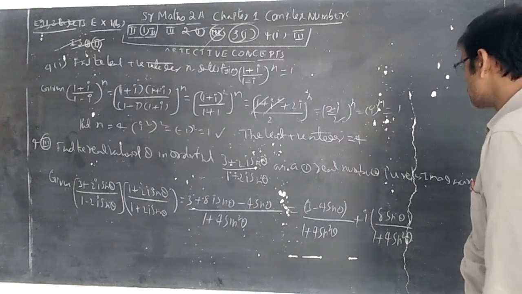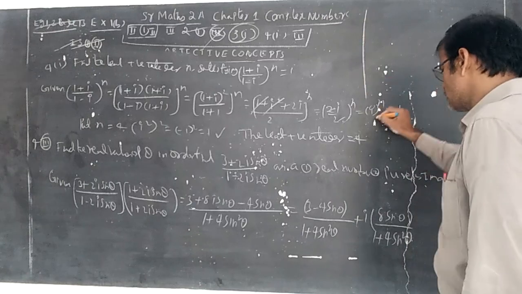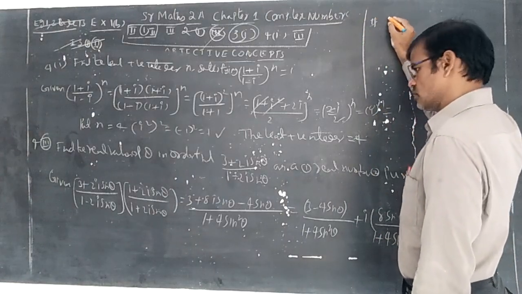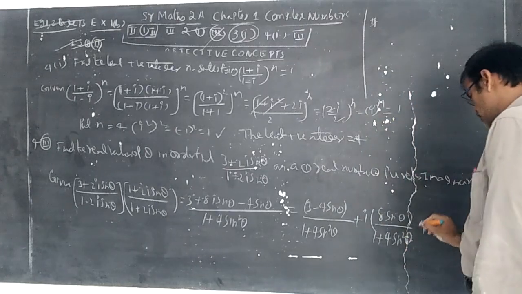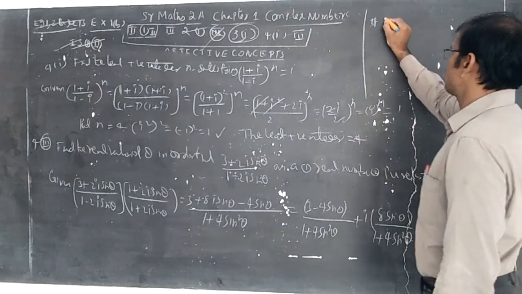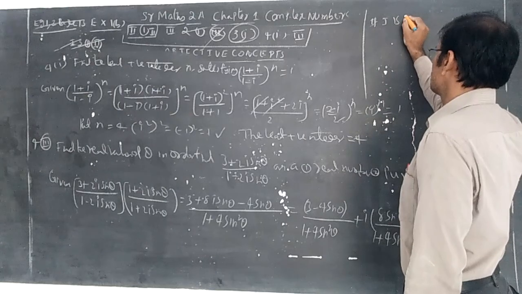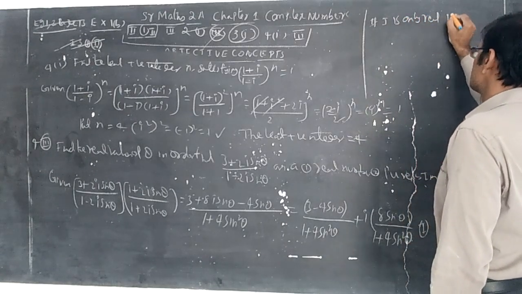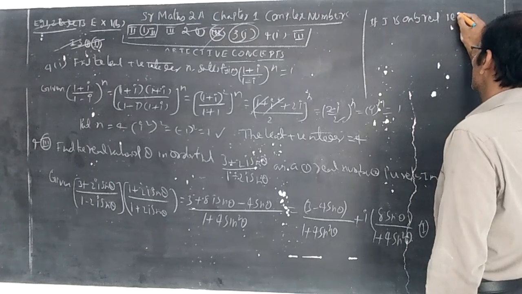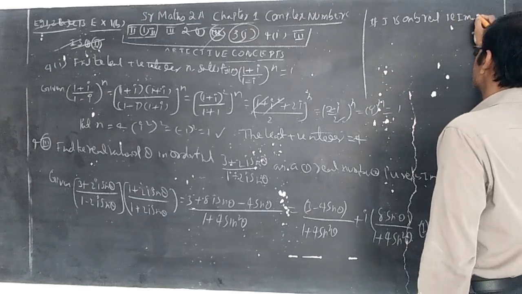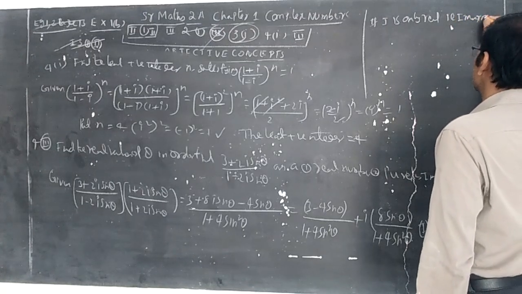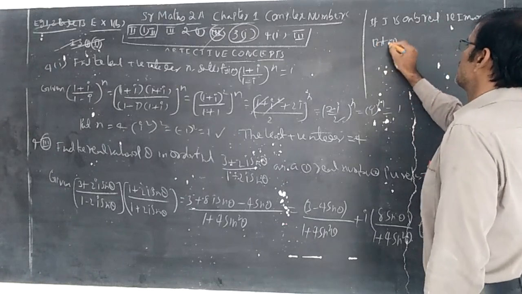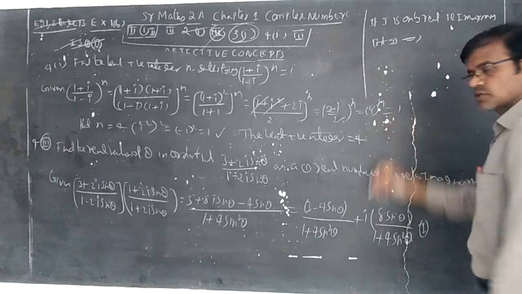This first part is to get the real number. If the expression is only real, that is, the imaginary part is equal to 0.